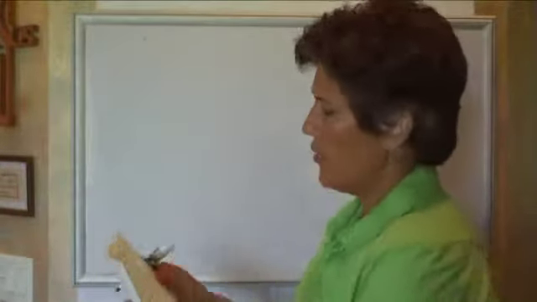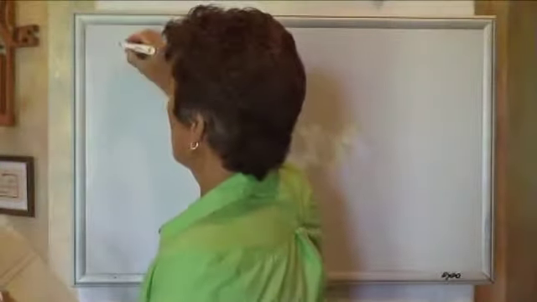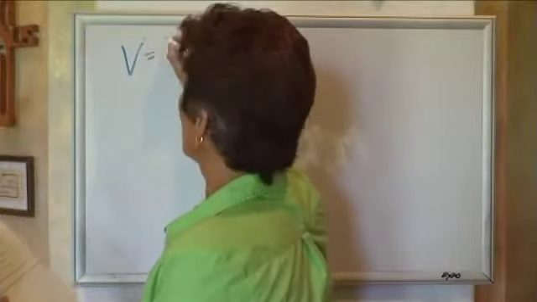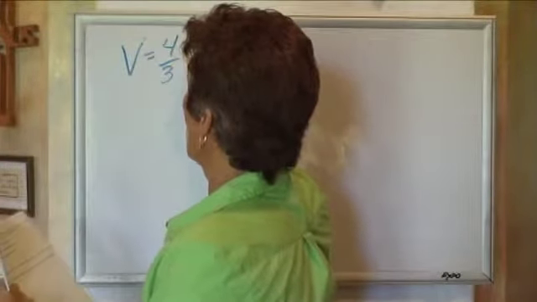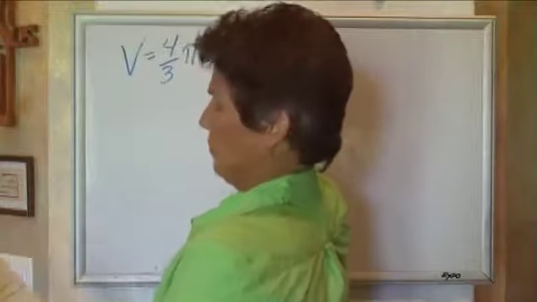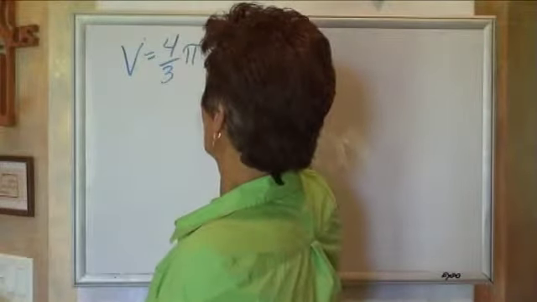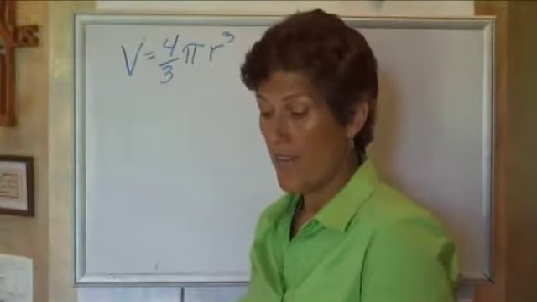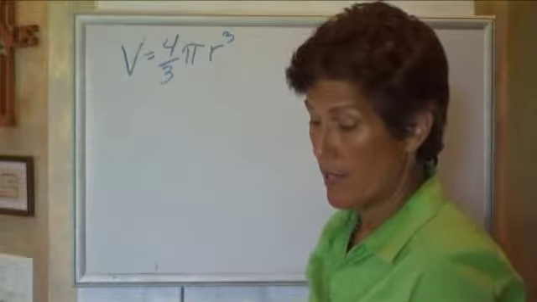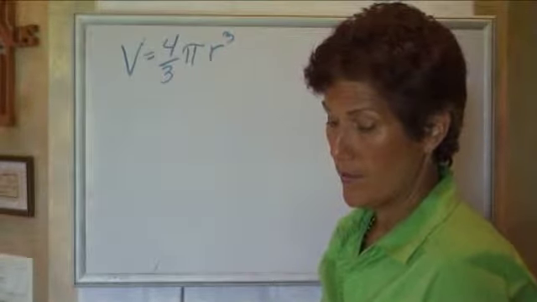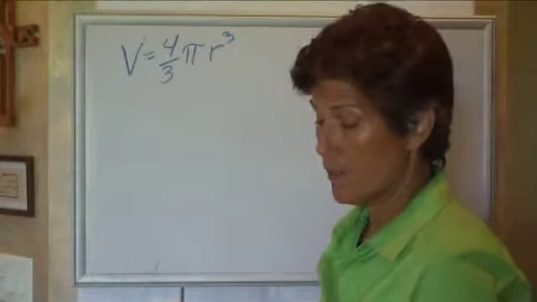Next one, he says the volume of a sphere is given in the equation. And so he gives us this equation. The volume of a sphere is 4/3 pi r cubed. And then he gives us what pi is. And the r is the radius of the sphere.